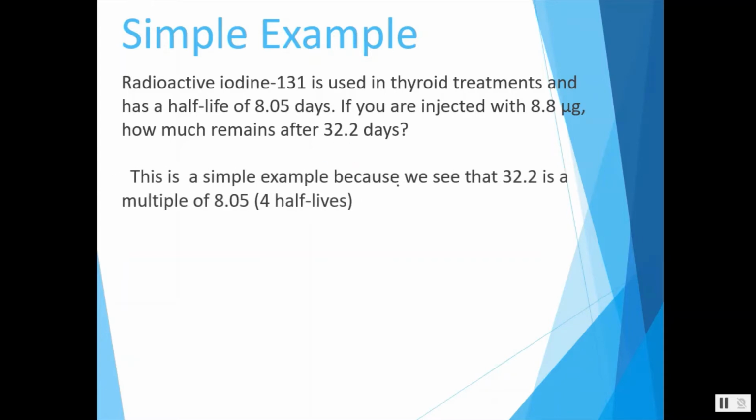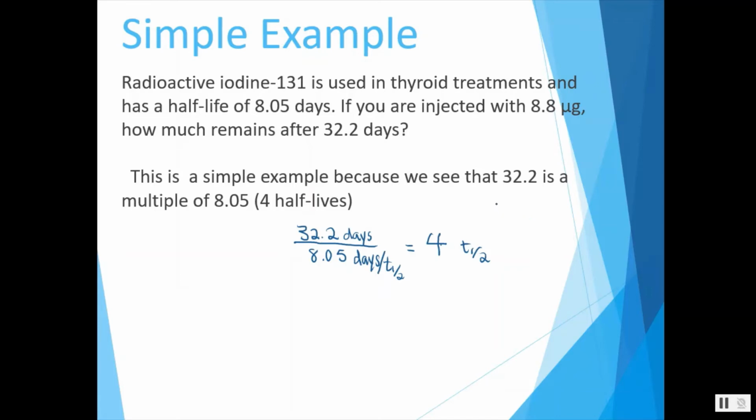The first being identify how many half-lives 32.2 days is. So to do this, we could take our total time, the 32.2 days, divided by the half-life, which represents the number of days per half-life, and that's going to tell us that we're at 4 half-lives.